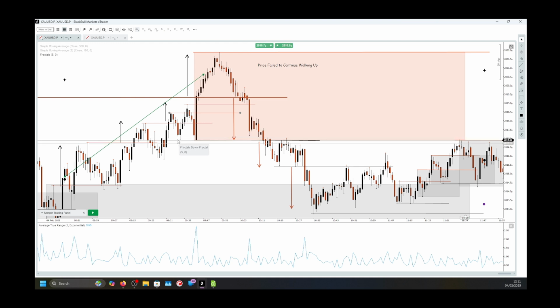If I was seeing price break through there, I was going to be getting nervous that price was going to drop, and then we got this massive bullish reaction. And without price coming back, look, we get this bearish reaction. There's definitely something going on at this level.